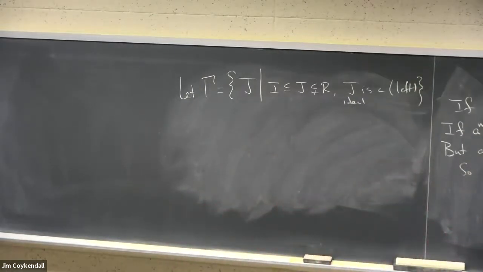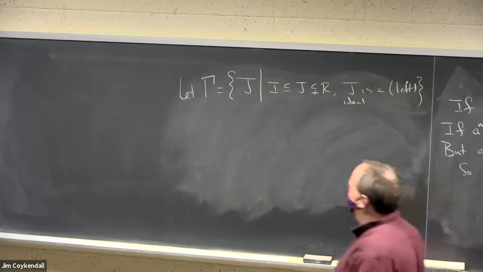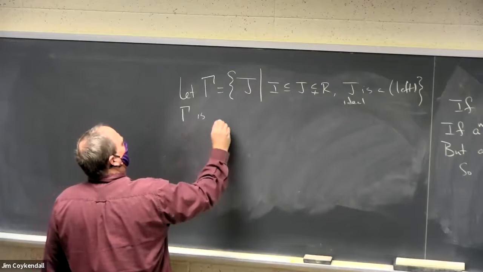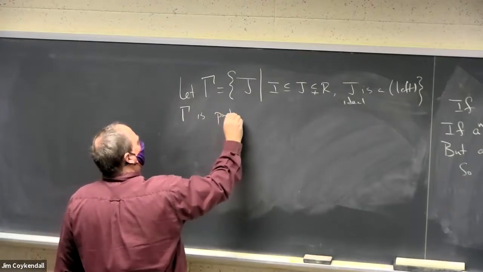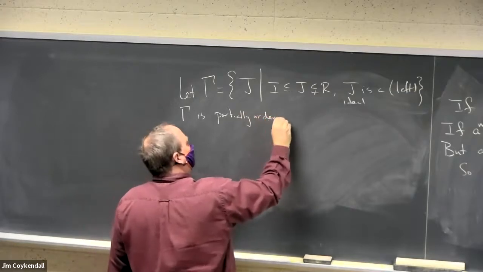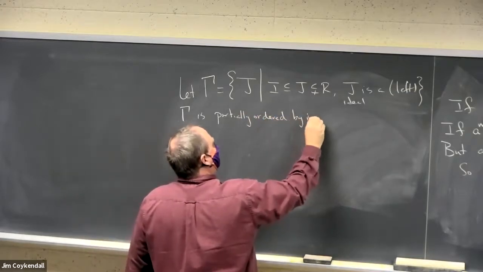I am just going to gather together the collection of every single ideal, or left ideal, if you will, in R that contains I. And my partial ordering is inclusion.